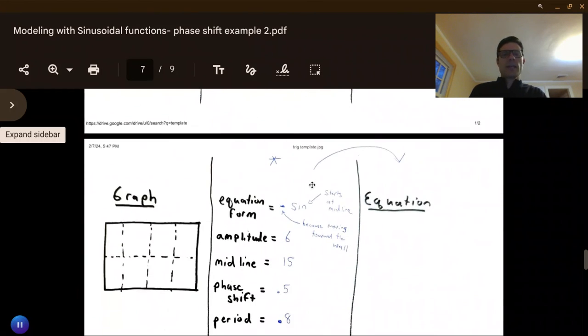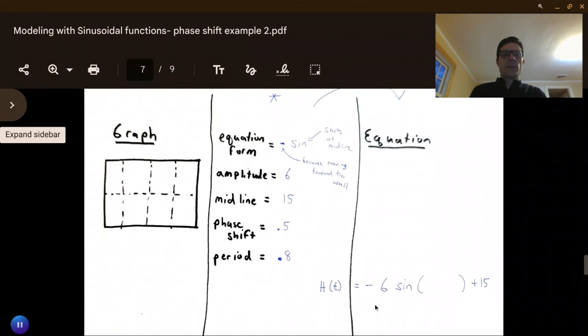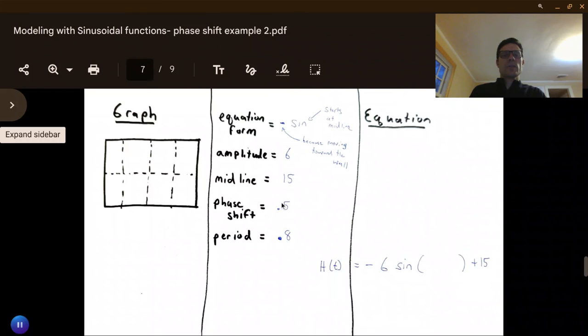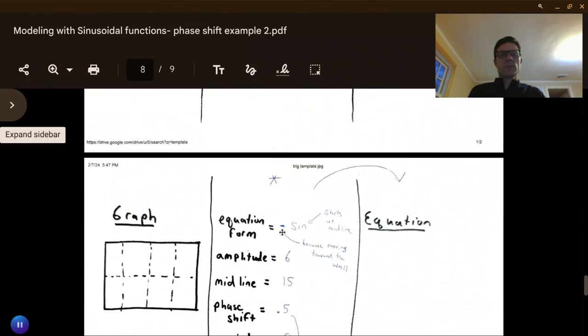First thing is we're just going to put in the easy stuff, right? This is going to be a negative sign. So negative 6 is the amplitude, sine of something. This is the harder stuff. The midline's at 15, so it's plus 15. Now we just have to enter in the phase shift and the period information. Those are always a little tougher for students.